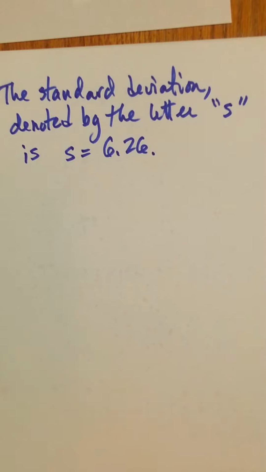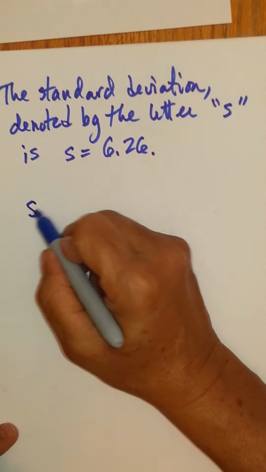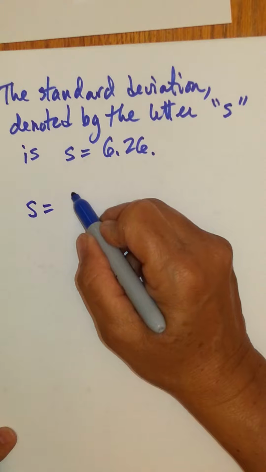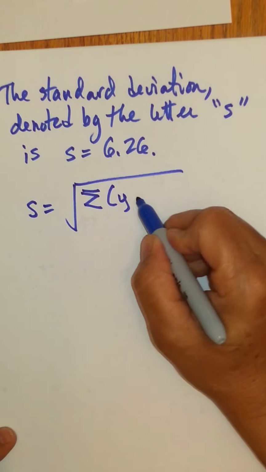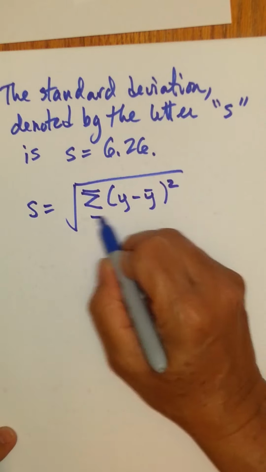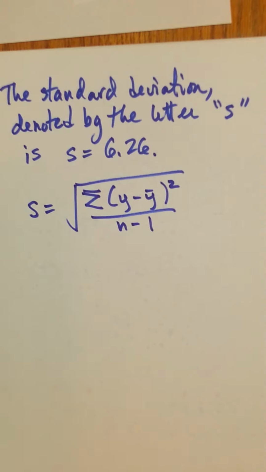Okay. Now, what you'll see sometimes in books is they'll say S is the square root of the sum of the y minus the y bar squared over n minus 1. Essentially, that's what we've done, right?